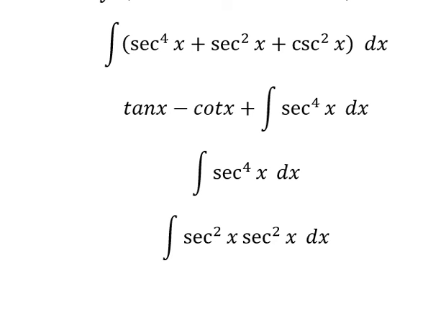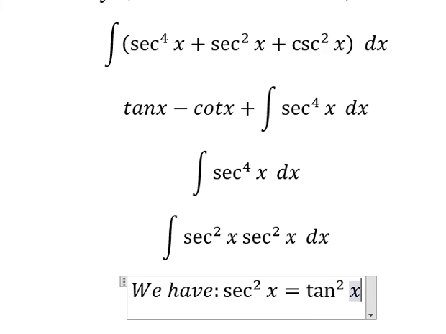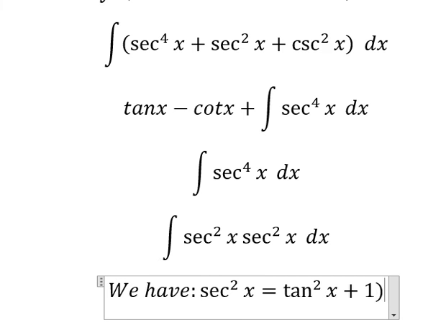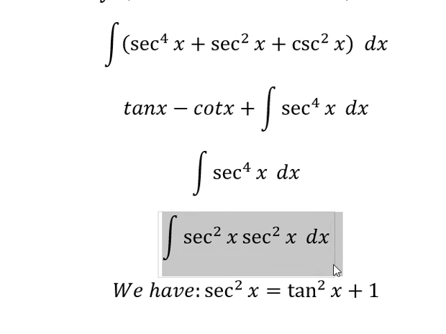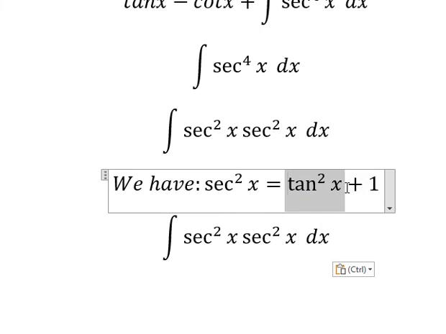Next, we have the formula in here. Secant of s squared equals tan s squared plus 1. So this one we change by this one.